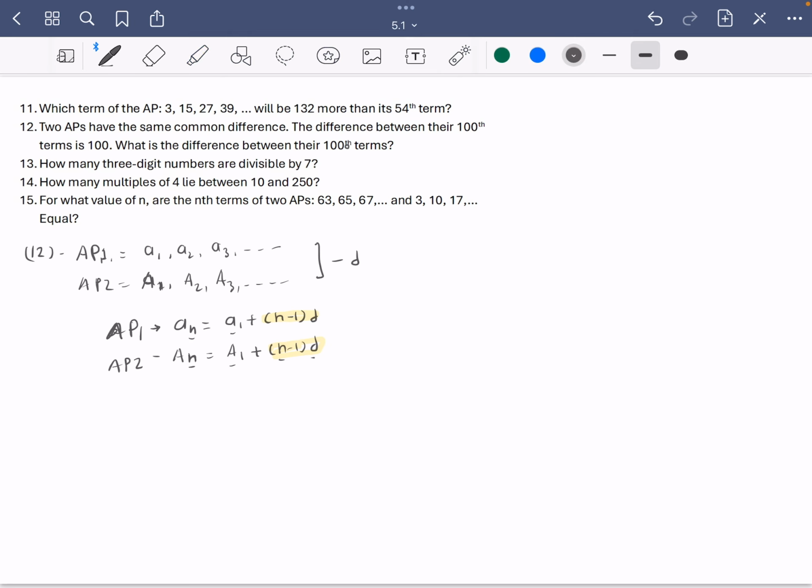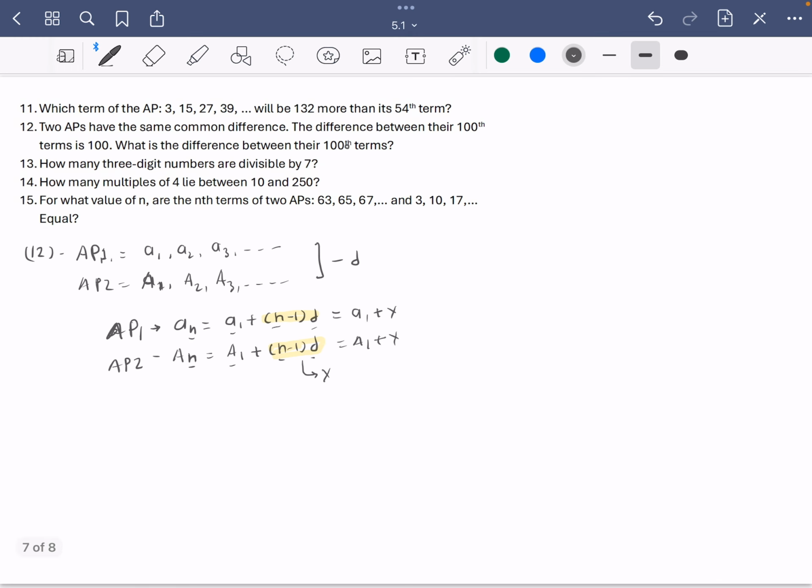I mean, d is the same, n is going to be the same, so n minus 1 in both the cases is going to be the same. So let's say n minus 1 times d is x. This one is going to be a1 plus x, and this one is going to be A1 plus x.